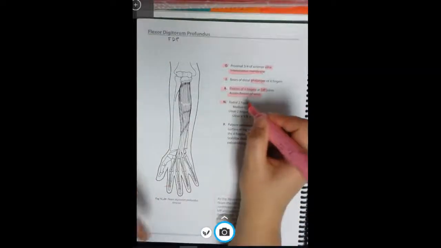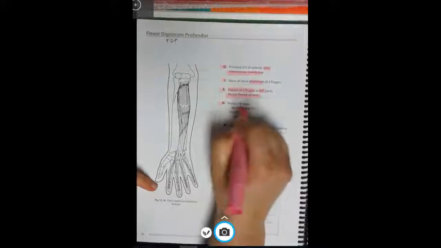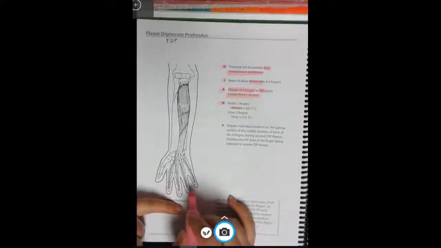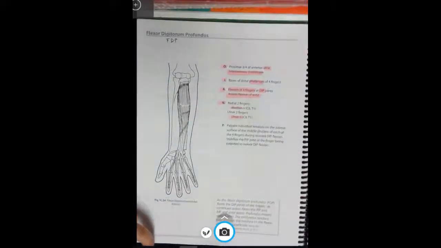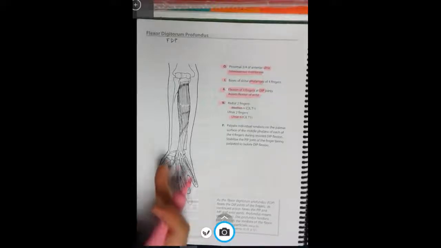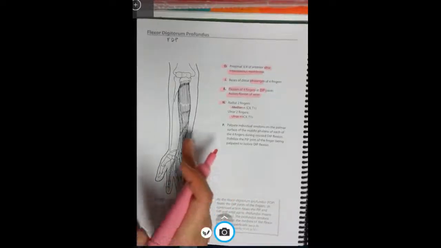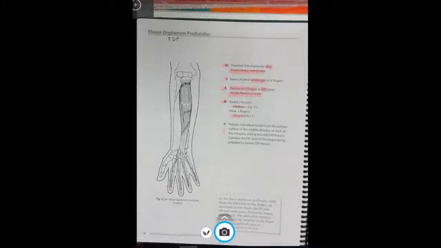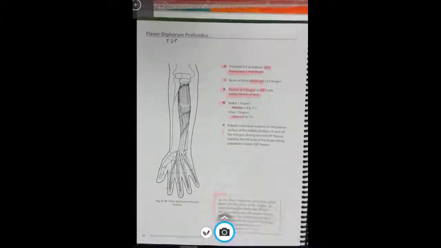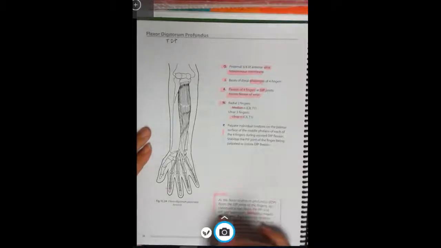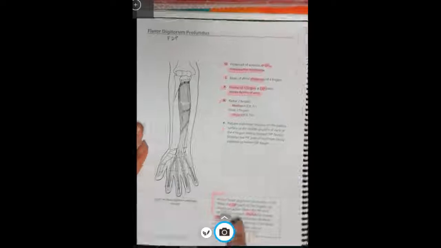On your thumb side, you have the median nerve. On your ulnar side here, you have your ulnar nerve. Okay? So this is the radial and ulnar fingers. Gotta pay attention to that little box there. So profundus means deep, and we're going to the DIP instead of PIP this time.